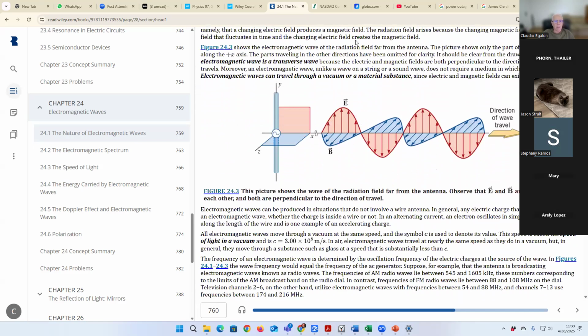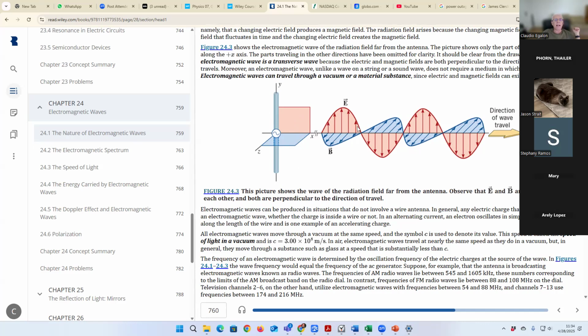Okay? This type of device is what we call an electric dipole antenna. Okay? Like I said, you don't have to have a closed circuit here. You can leave it just like that, and still you're going to produce electric and magnetic fields. That's how antennas work. But this antenna here is what we call a transmitting antenna.